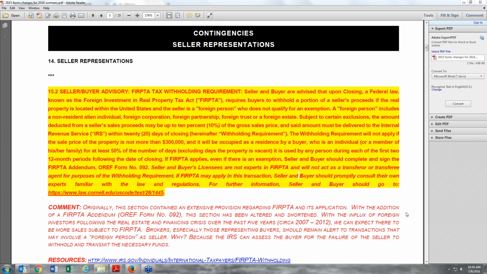And if they're subject to FIRPTA, then what the law says is that there's got to be a 10% withholding of the gross sales price, essentially a presumed tax.